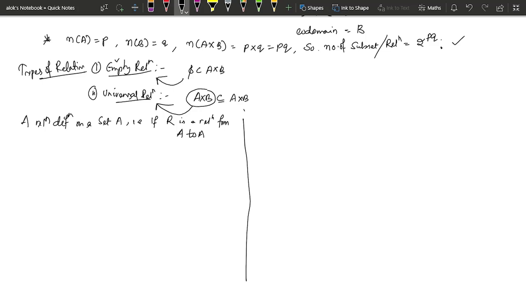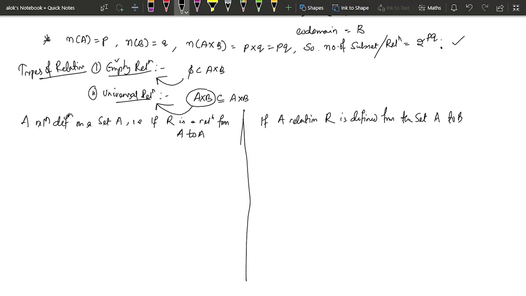And if a relation R is defined from the set A to B, this type of relation has a different classification. We will learn one by one.